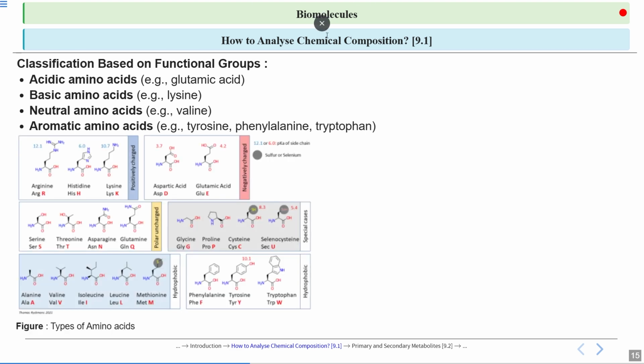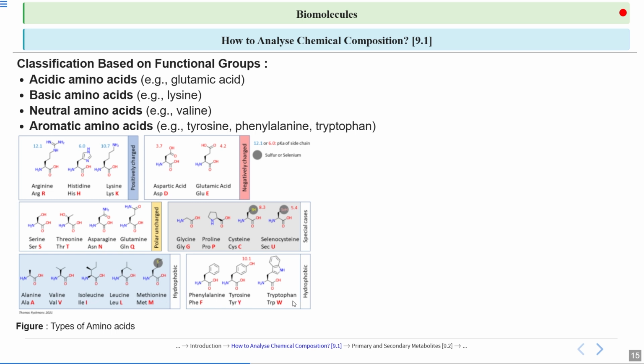Here you can see the types of amino acids. Clear? You have arginine, histidine, lysine, aspartic acid, glutamic acid, serine, threonine, asparagine, glutamine, glycine, proline, cysteine, and selenocysteine. You have alanine, valine, isoleucine, leucine, methionine.